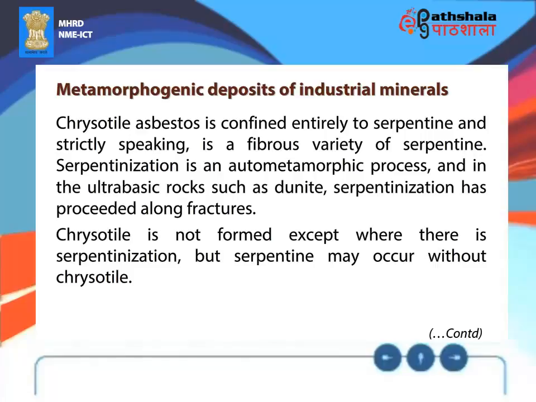Chrysotile asbestos is confined entirely to serpentine and, strictly speaking, is a fibrous variety of serpentine. Serpentinization is an autometamorphic process, and in ultrabasic rocks such as dunite, serpentinization has proceeded along fractures. Chrysotile is not formed except where there is serpentinization, but serpentine may occur without chrysotile.